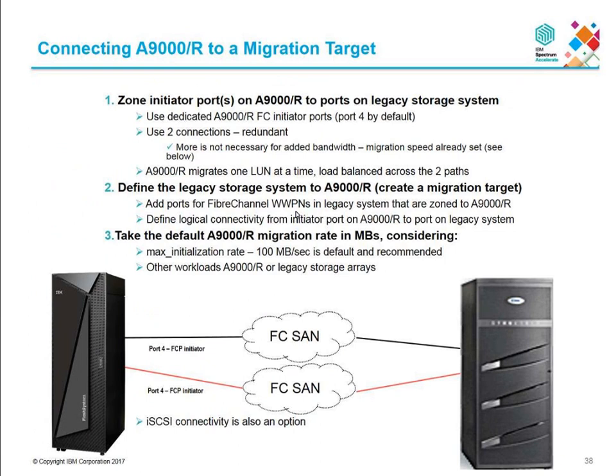And again, we can set and tune that rate, so I could have it slower during the day if there's production workload running on that legacy storage, and I can change it at night to go faster so I can pull more data faster because I'm not as worried about the load on the old production box, the legacy box, because I know it's not busy.